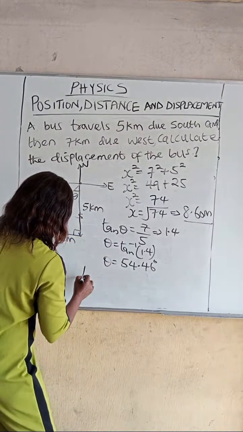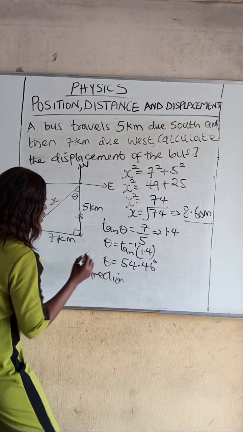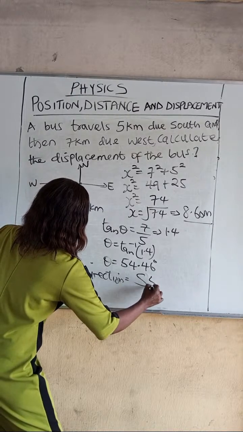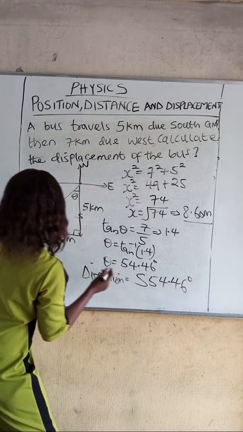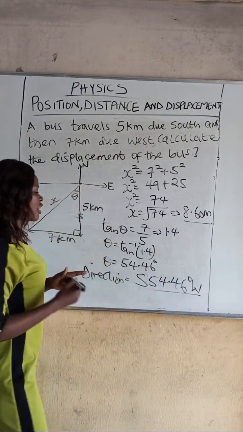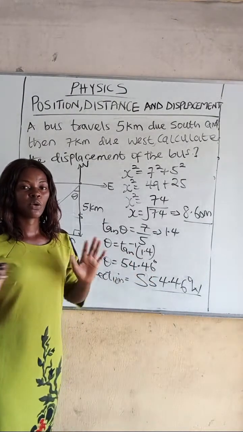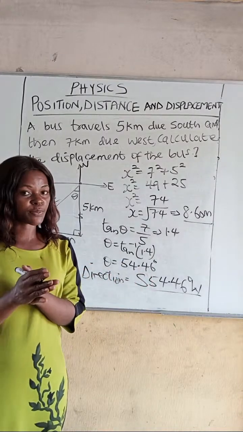So my direction is south 54.46 degrees what? West. So this is how we can solve problems under displacement.